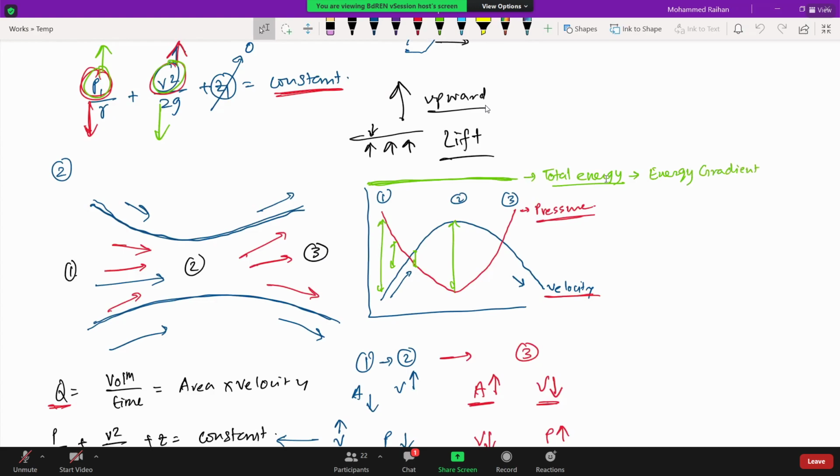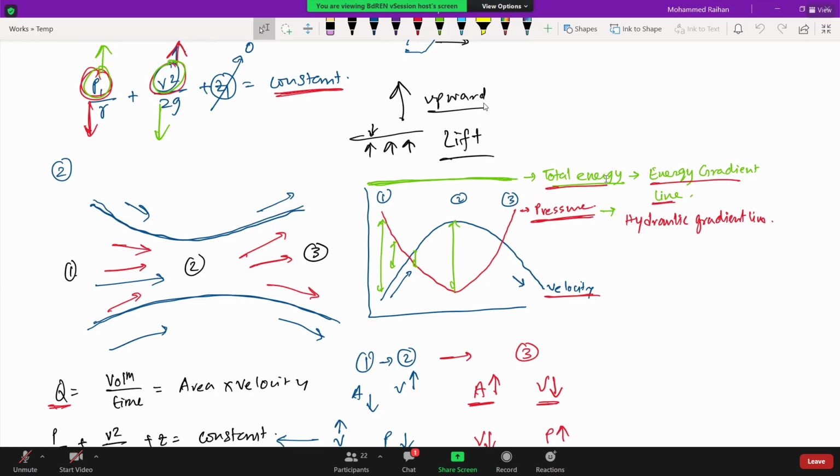And the one about the pressure is called the hydraulic gradient line. The one with the total energy is called the energy gradient line. So how can you get the velocity from these two lines?